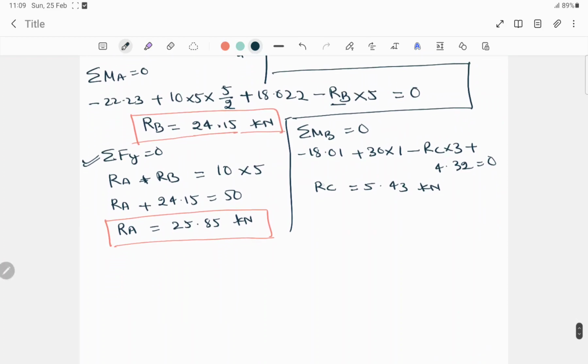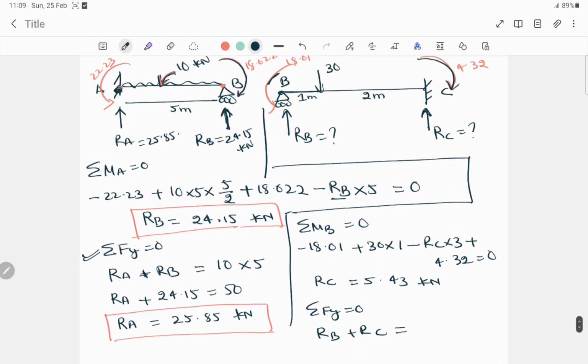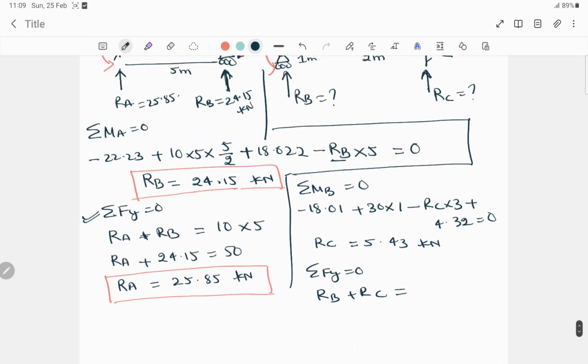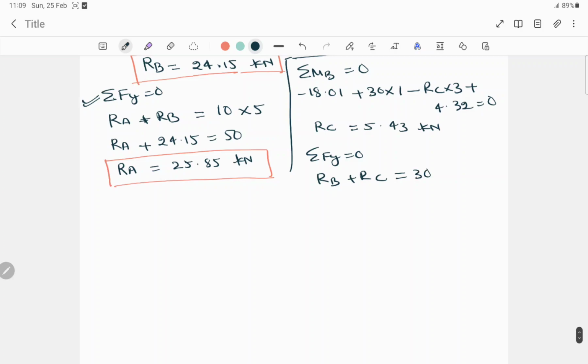Okay, now again we have to find the value for RB and RC for this span. So now summation of all the vertical forces is equal to 0. That will be RB plus RC is equal to 30, right? So now RB plus, we have a value for RC here, 5.43, is equal to 30. So from here we will get the value for RB, that is 24.57 kilonewton.